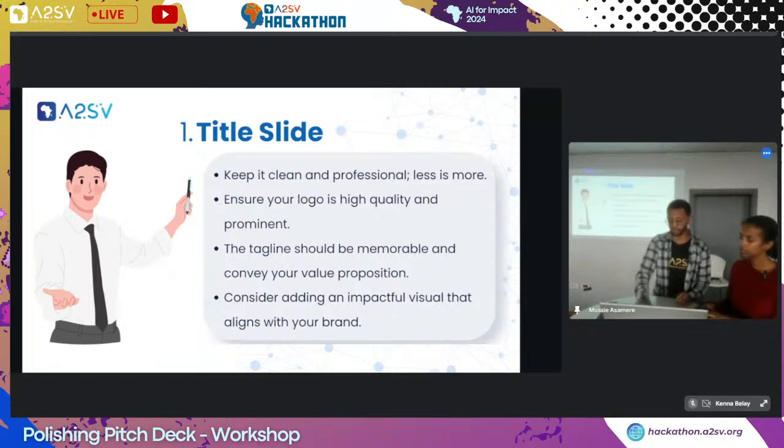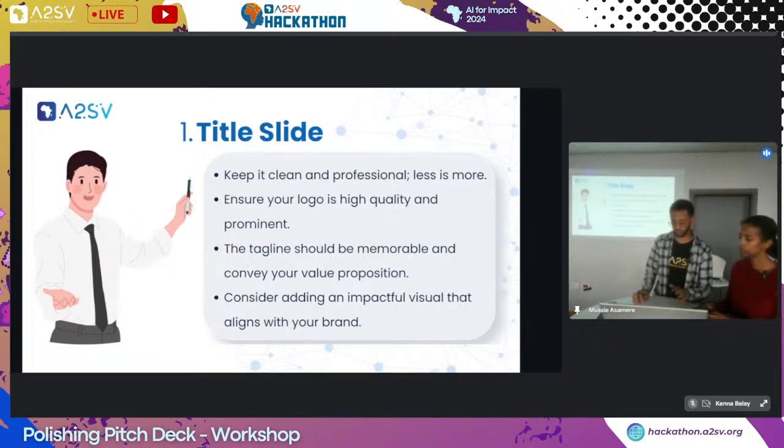And the next one is your tagline. Tagline basically means your slogan. It should be memorable and at the same time express what your product does and what you're trying to achieve. You can also convey your value proposition with it.